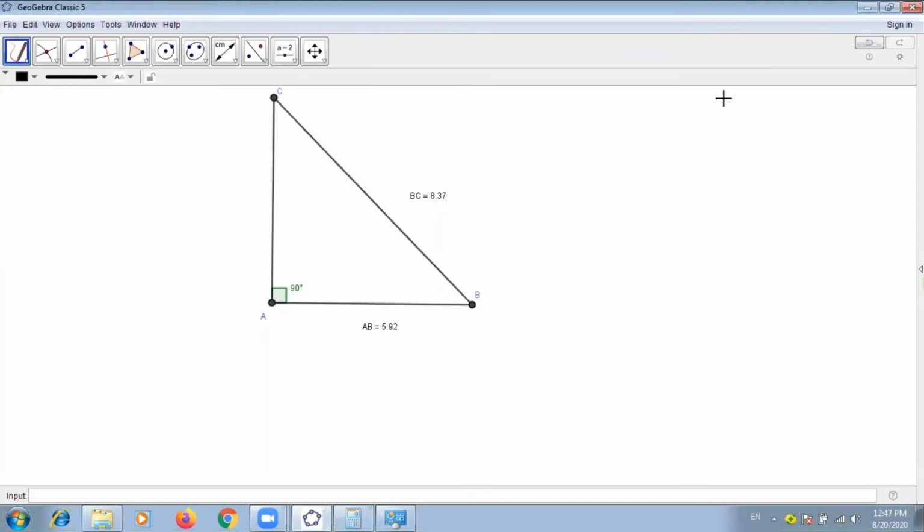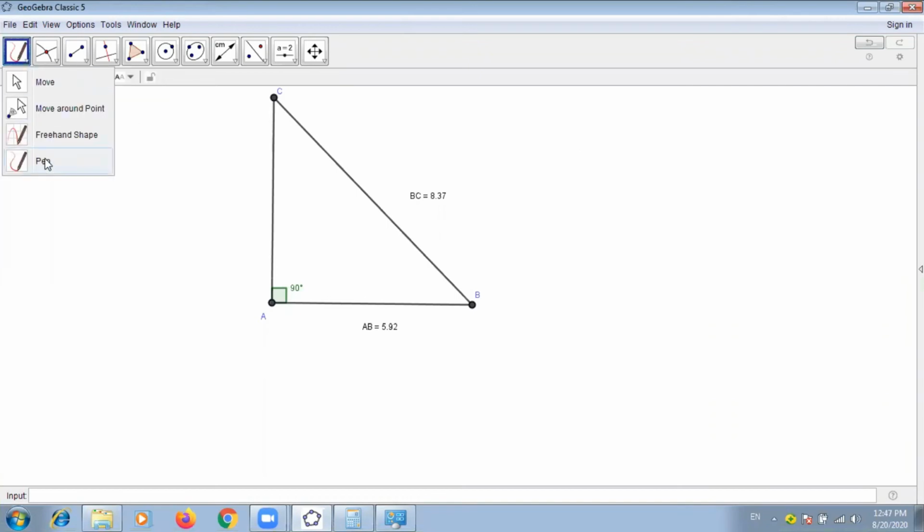Now we can explain how we can use the Pythagoras theorem to find the value of an unknown side. Let's suppose we are given a question in which AB equals 5.92 centimeters and BC equals 8.37 centimeters, and we have to find the value of AC. First of all, we note down the values of the sides as data.